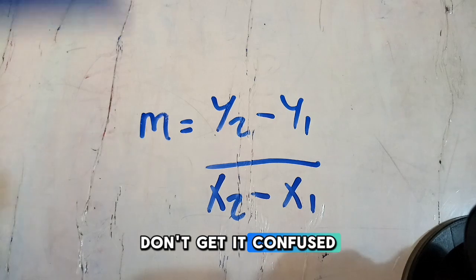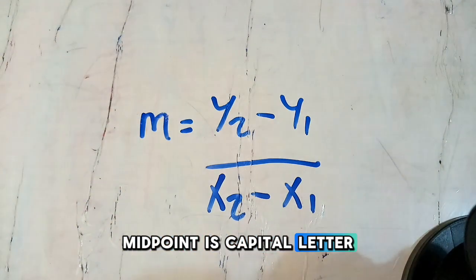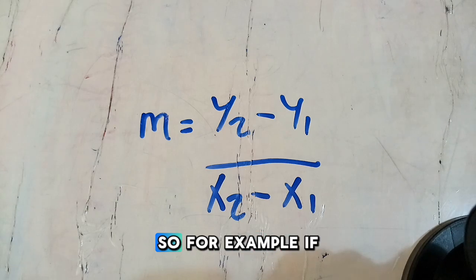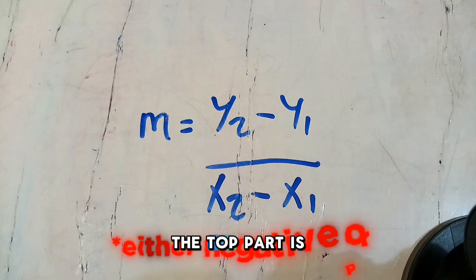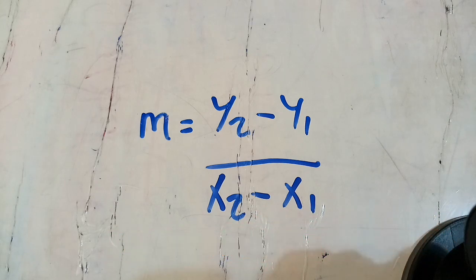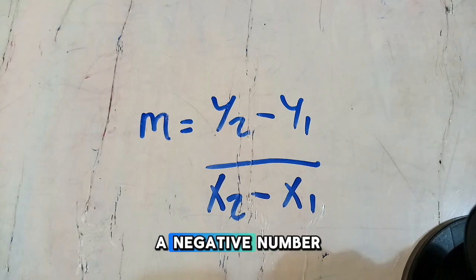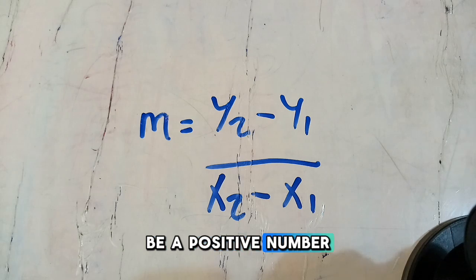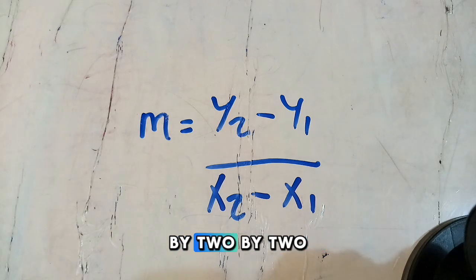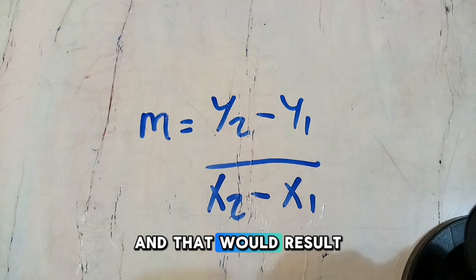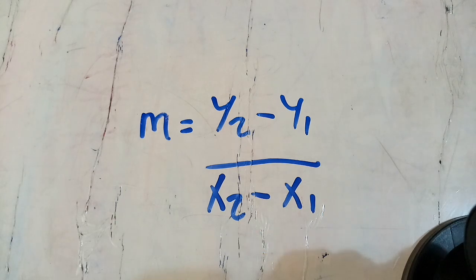Don't confuse it with the midpoint, which is capital letter M. The gradient can be either a negative or a positive number. For example, if the top part is 3 minus 5 and down it is 5 minus 3, on top it would give us a negative number and down it would be a positive number. Dividing two different signs, negative and positive, gives a negative, and that will result in a negative gradient.